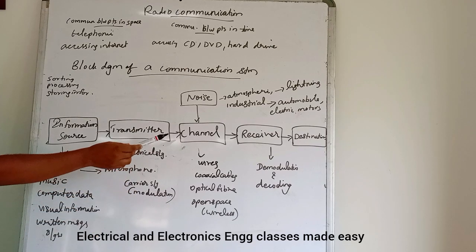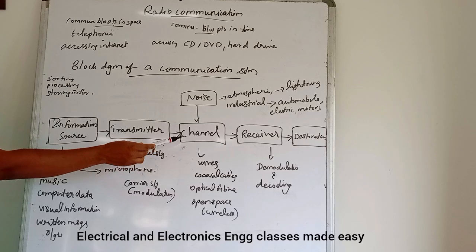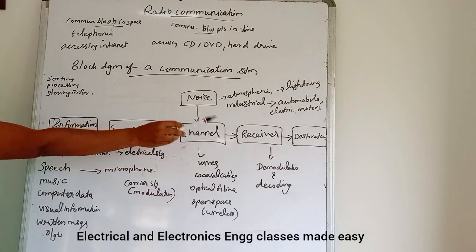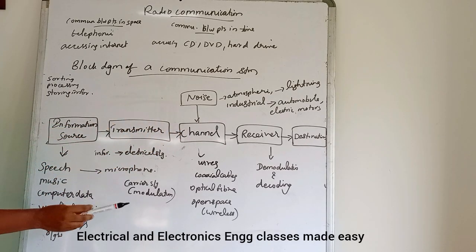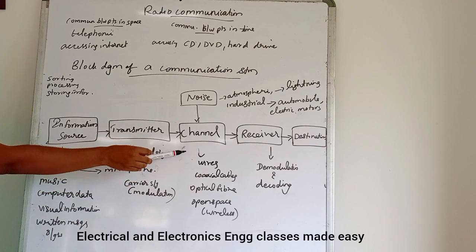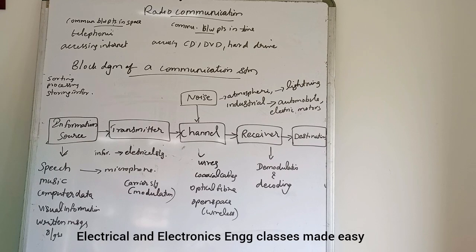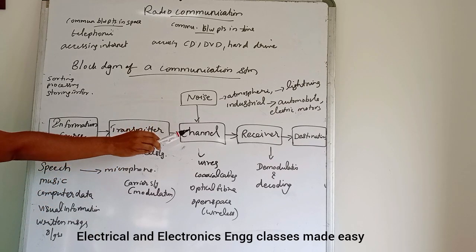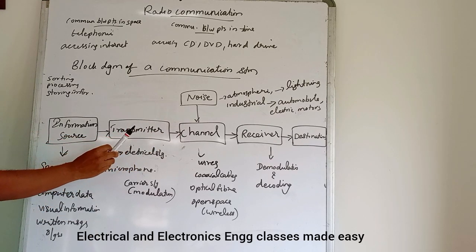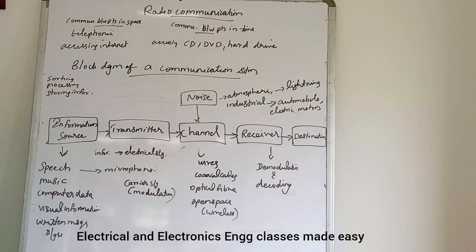The channel is a link connecting the transmitter and the receiver. Every channel introduces some amount of transmission losses. So signal power at the destination keeps on decreasing with increasing distance.